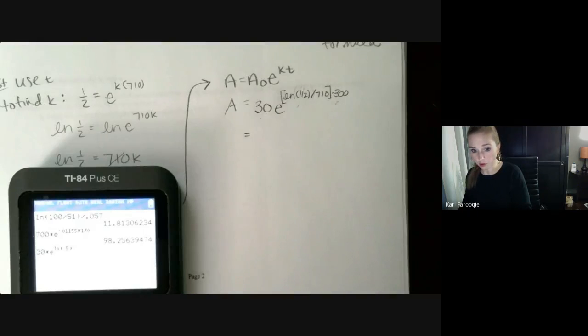Make sure you close your parenthesis because you want to make sure that you're not dividing by 7/10 inside the log. And then we can multiply by 300, because what your calculator is going to do is take the natural log of 1/2, divide it by 7/10, and then multiply it by 300, which is completely fine. And then we're going to see what we come up with.